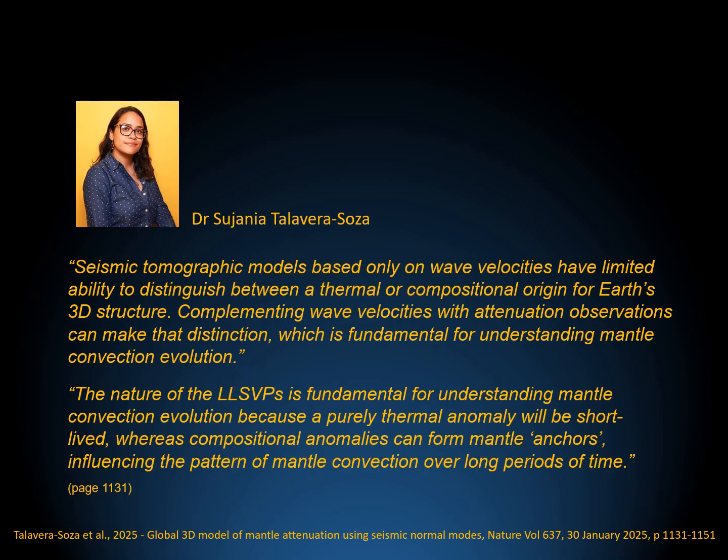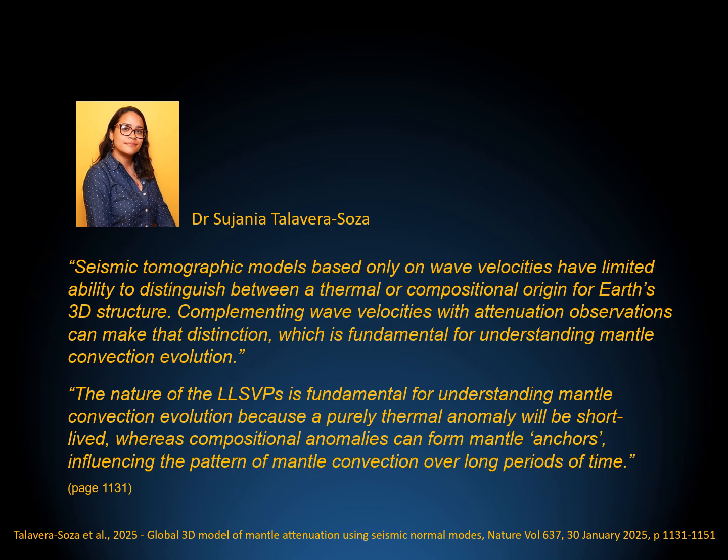Seismic tomographic models based only on wave velocities have limited ability to distinguish between a thermal or compositional origin for Earth's 3D structure. Complementing wave velocities with attenuation observations can make that distinction, which is fundamental for understanding mantle convection evolution.